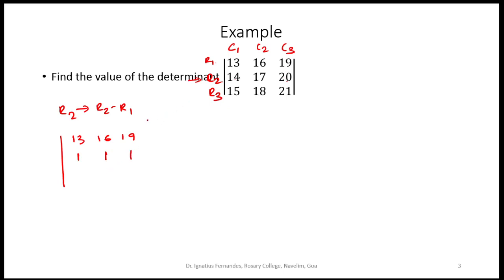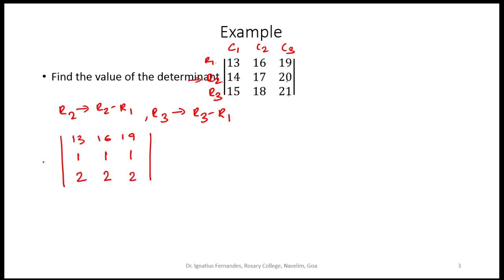At the same time, let me replace R3 by R3 minus R1. So 15 minus 13 is 2, 18 minus 16 is 2, 21 minus 19 is also 2.